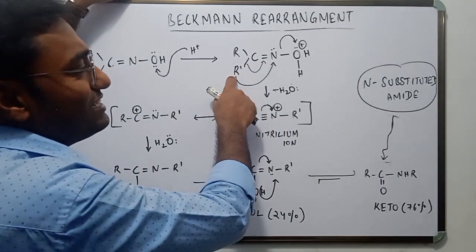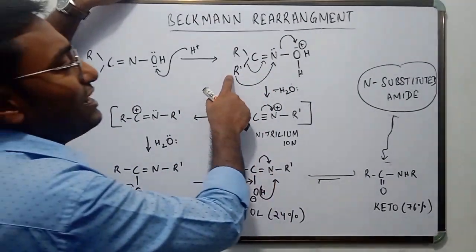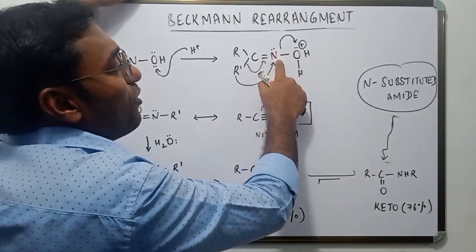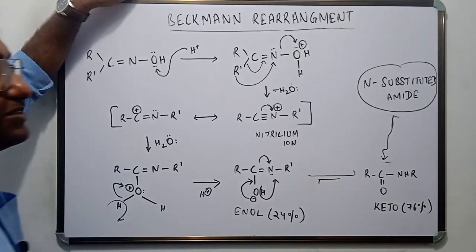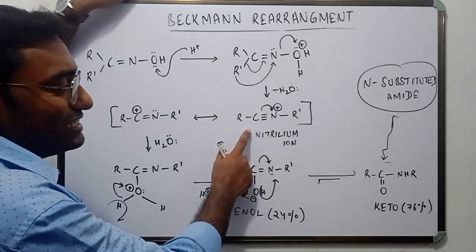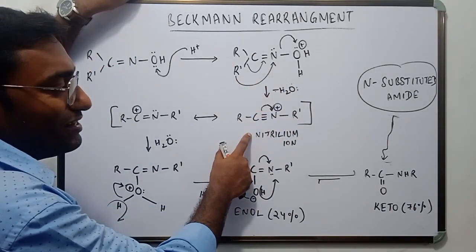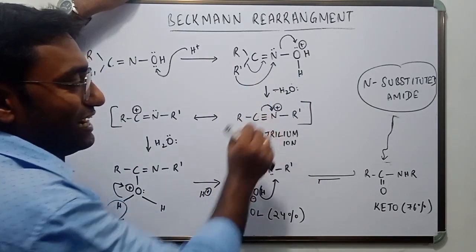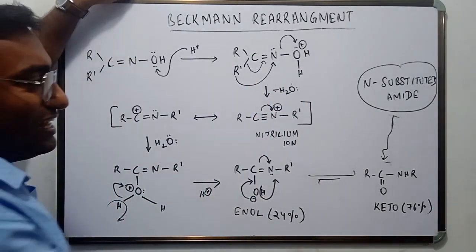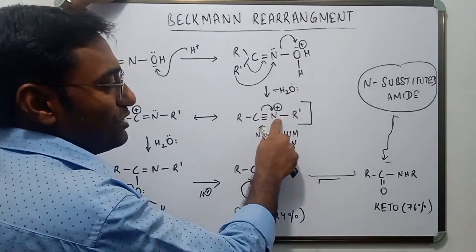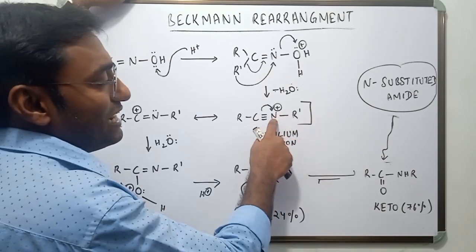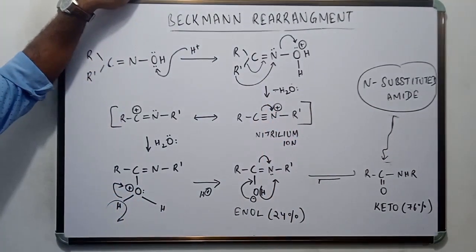Now R dash doesn't have any other option rather than to attack the lone pair of electrons on the nitrogen atom. So what results is a nitrilium ion. You can see the triple bond is formed between carbon and nitrogen, and the R dash consumes the lone pair of electrons which was on the nitrogen atom, because of which the nitrogen became positive.